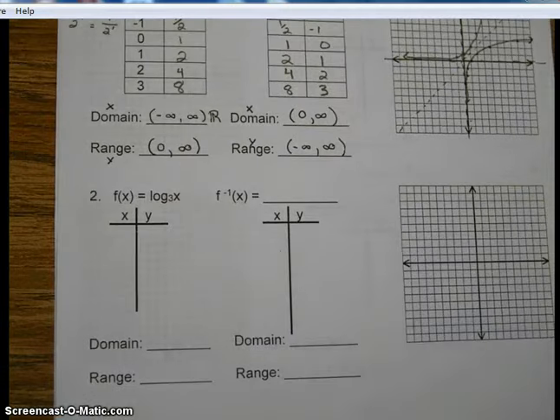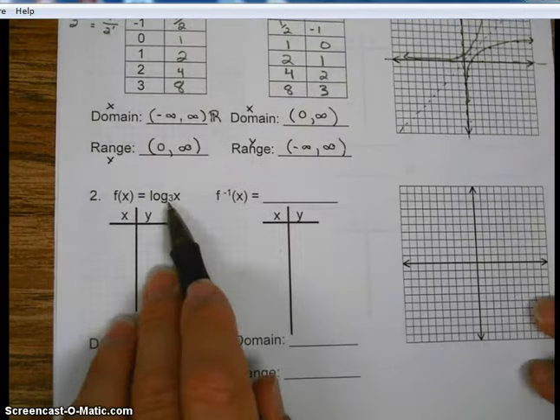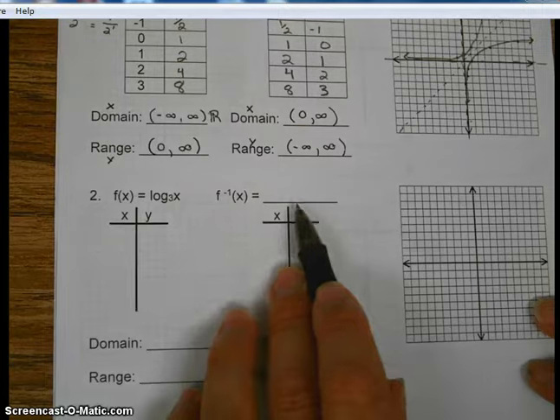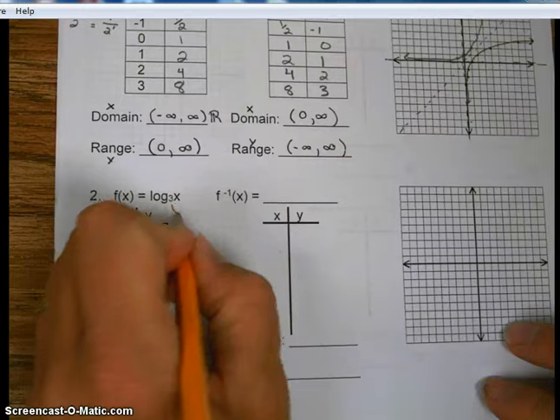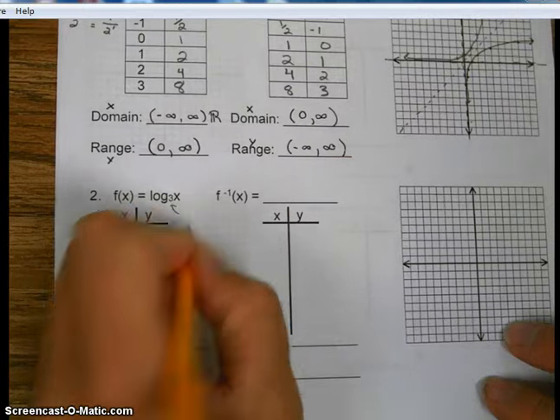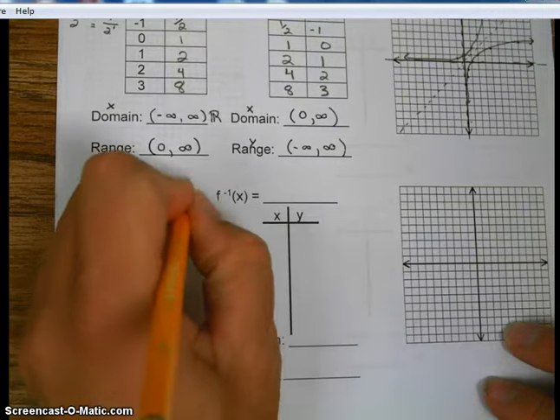Okay, so the first thing we're going to do here is I'm going to show you how to change from logarithmic to exponential. It's very simple. Remember that the number down here, the little number, is the base. This is called the argument.